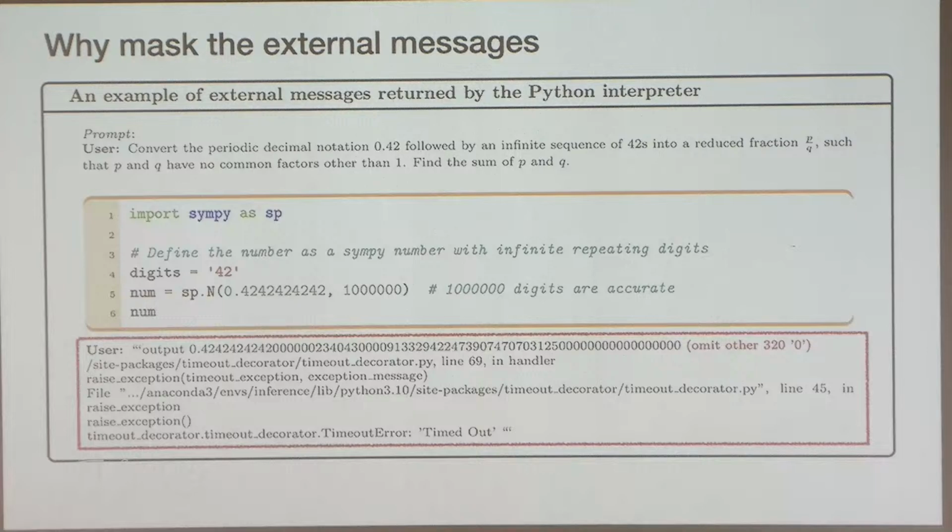And so sometimes you force your model to learn to predict this external message, which is very low quality. So if you do not mask the loss on this external message, you will definitely hurt the overall performance of your model.